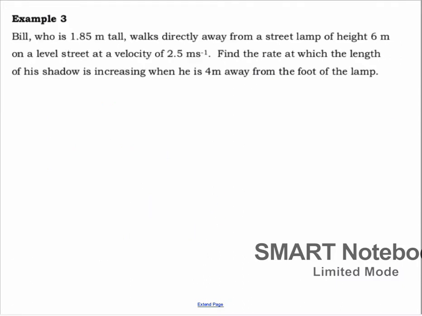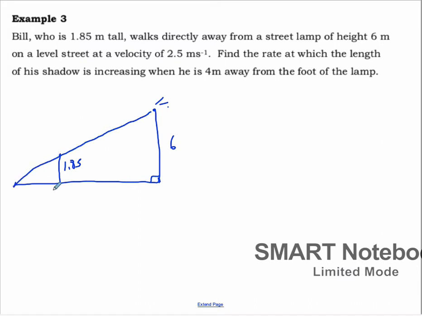Next example: Bill, who is 1.85 meters tall, walks directly towards a street lamp, which is 6 meters tall. Let's say this is the lamp, and Bill is on flat ground, we'll assume. The light from the lamp comes down here and makes a shadow.